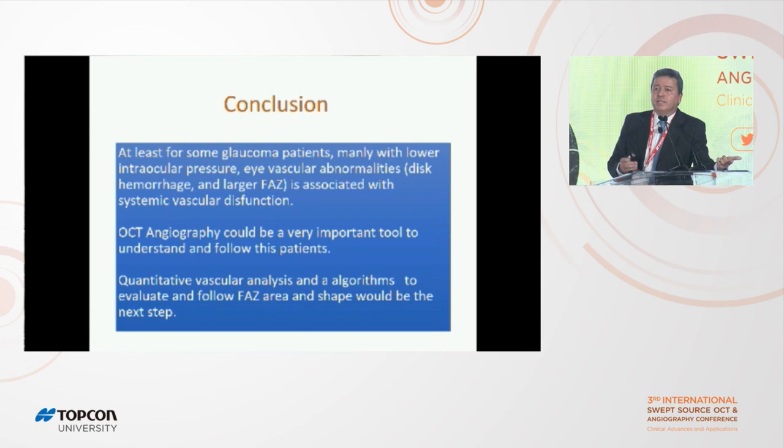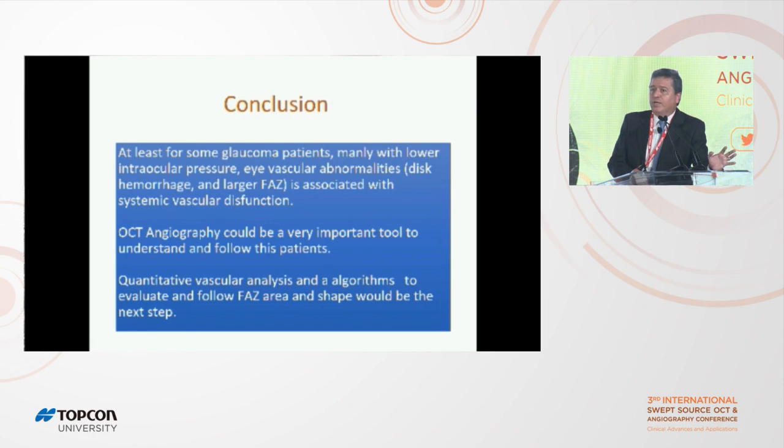We don't have anything to improve the systemic vascular dysfunction that this patient might have. OCT angiography could be a very important tool to understand and to follow these patients. And quantitative, this is important, quantitative vascular analysis and an algorithm to evaluate and follow foveal avascular zone area and shape would be the next step. We don't have this so far.